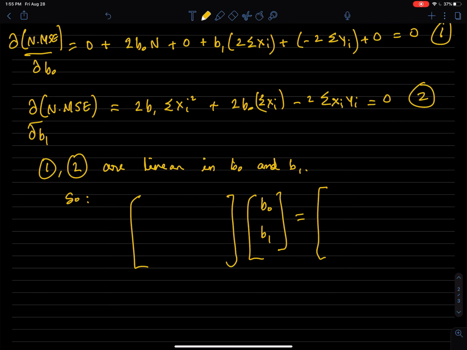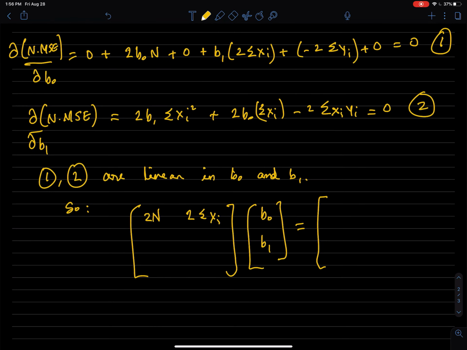The first equation here, the coefficient of b naught is going to be 2n. The coefficient of b1 here is going to be 2 sigma xi. In principle, you can cross out the 2's everywhere, so let's do that.